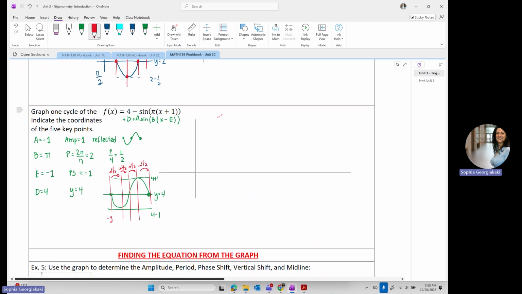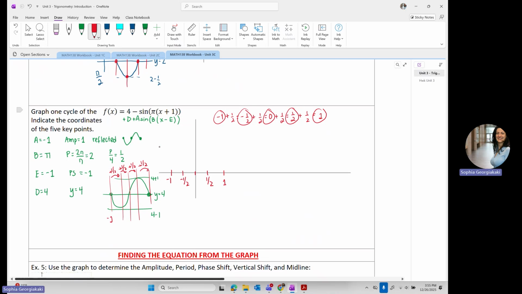So if I start at -1 and I add 1/2, I will go to -1/2, and add another 1/2, I will go to 0, and add another 1/2, I will go to 1/2, and add another 1/2, and I will go to 1. So my 5 points have x coordinates -1, -1/2, 0, 1/2, and 1. So I'm going to go here, -1, -1/2, 0, 1/2, and 1.